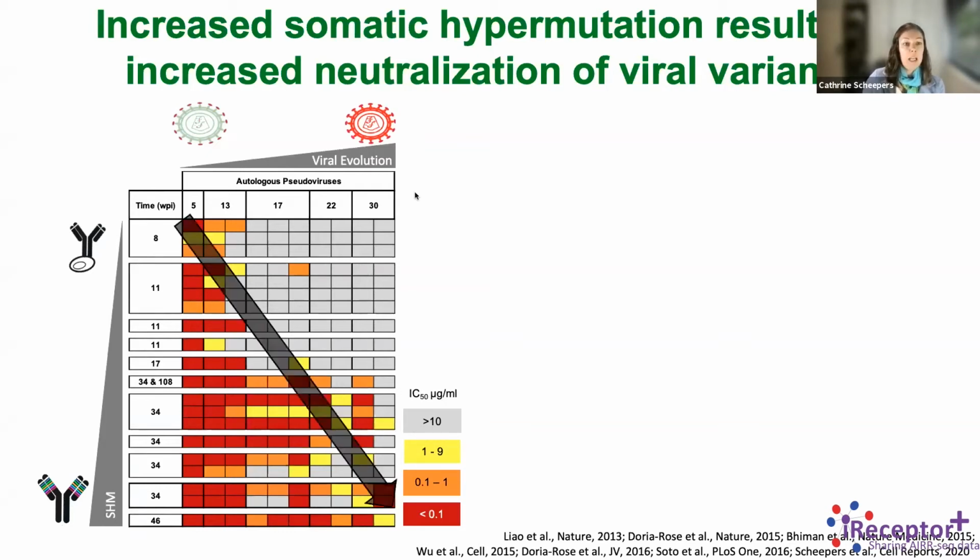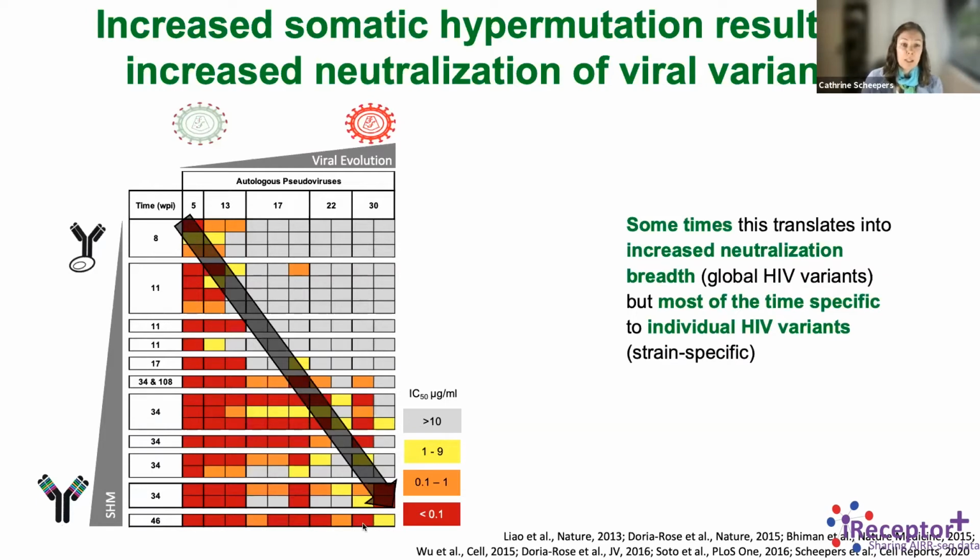This is a heat map that shows the ability of these antibodies to neutralize the viruses. The gray means that the antibodies can't neutralize the virus, and the warmer the color means that they're more potent. So going down and across, you'll see that the more mutated antibodies can neutralize more viruses, but can also neutralize them more potently.